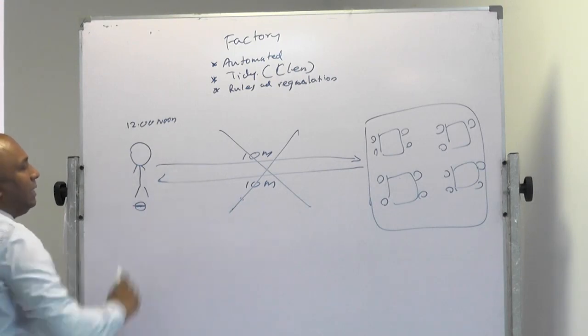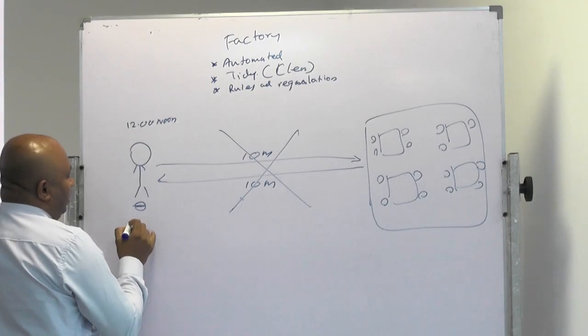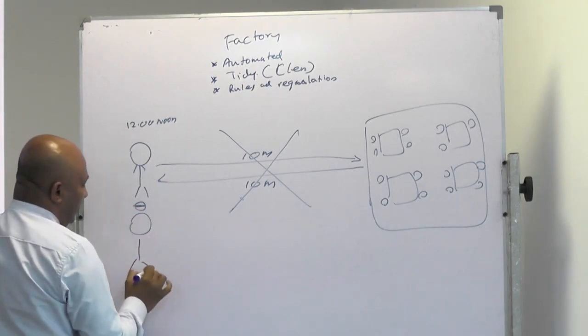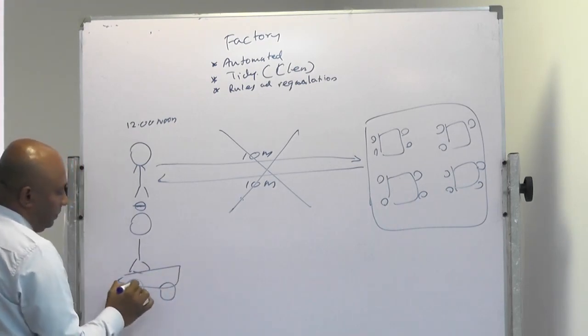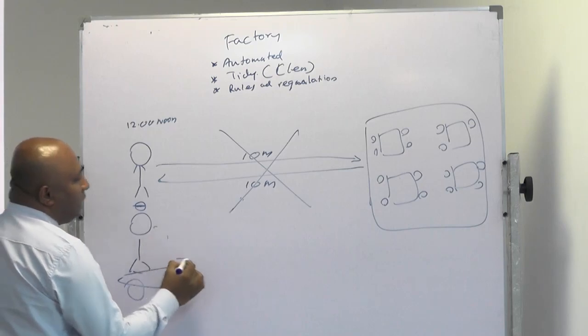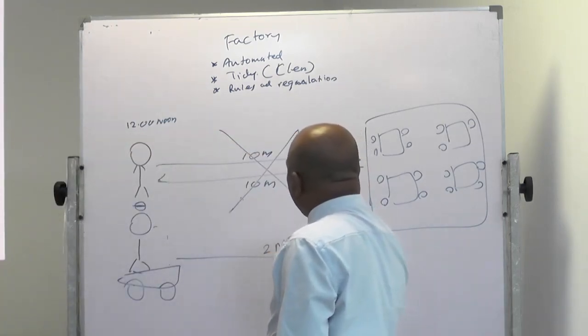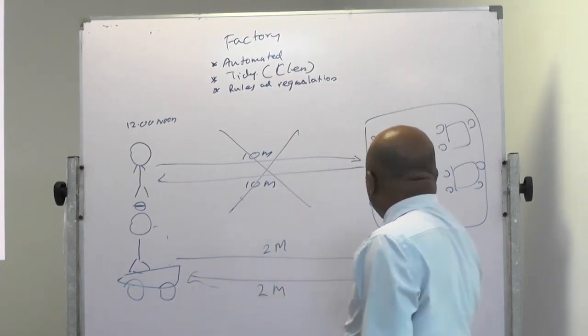So if we eliminate this, how do you go there? We use a small bike or something, and from here you go there. It takes 2 minutes. Coming back takes 2 minutes, right?